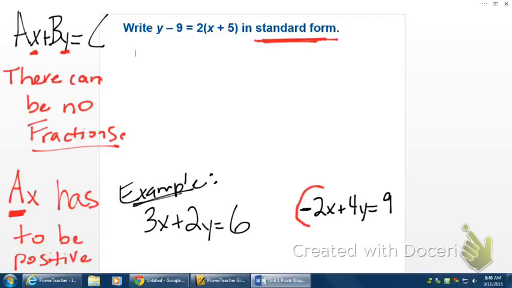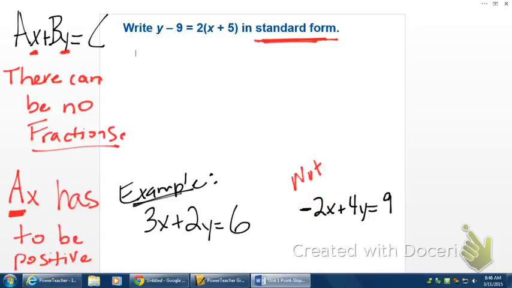That negative A, or the negative number in front of the X, tells me that that is not in standard form. You just have the plus 2x? Well, we can talk about how we can get that into standard form. So let's think about this.